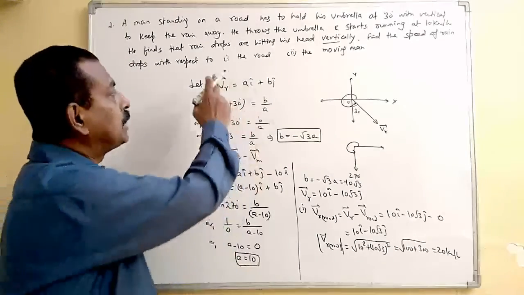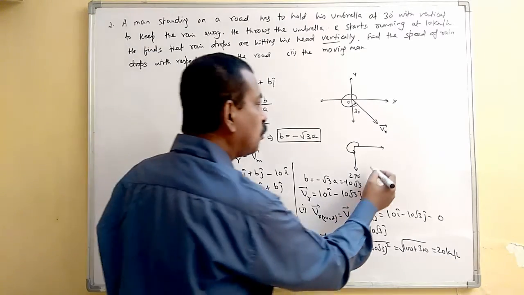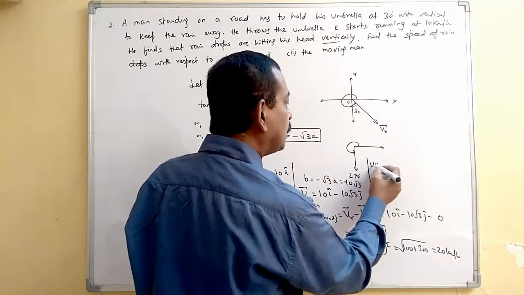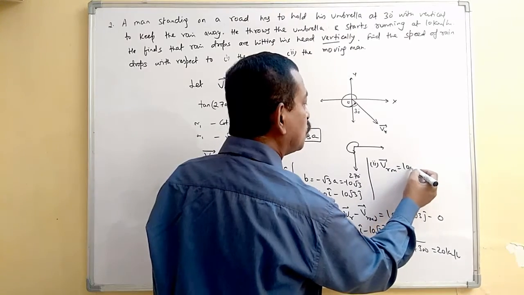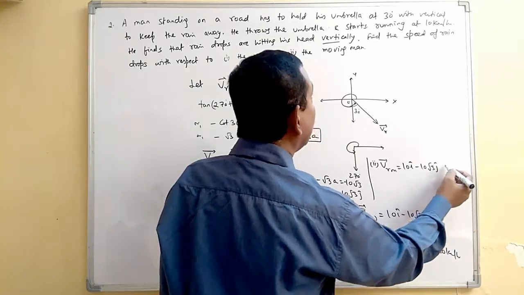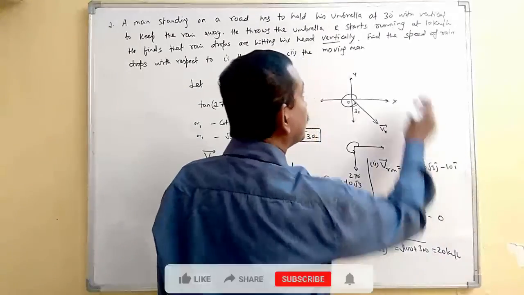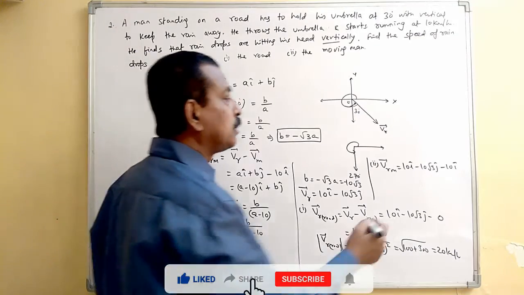Now, the second part is with respect to the moving man. So now we want the velocity of rain with respect to the man. It is 10 i minus 10 root 3 j minus 10 i, because the moving man's speed was 10 kilometer per hour.